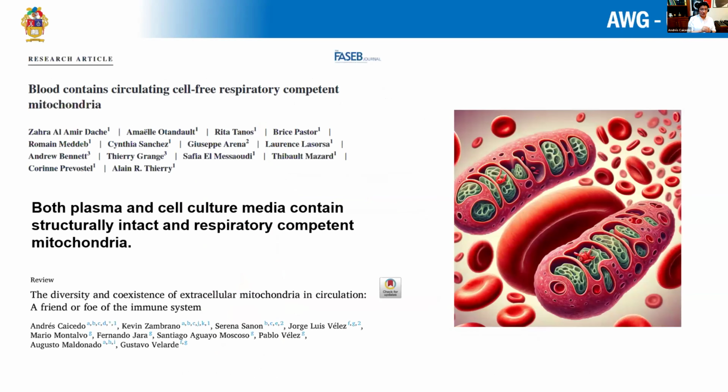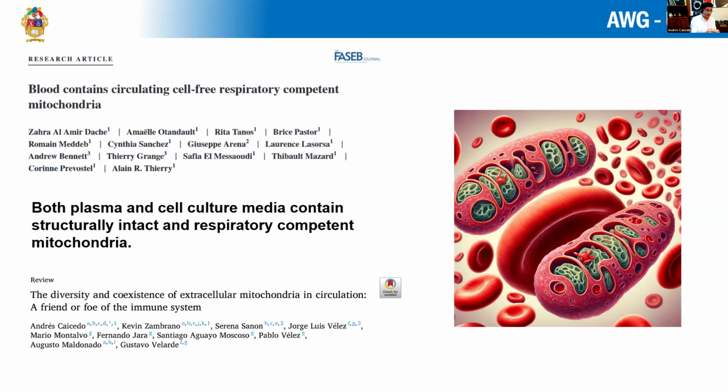And I wanted to bring your attention to this great article published in 2020, in which the team of Alan Thierry observed for the first time that there are mitochondria in our blood, respiratory competent and also intact, circulating in our bodies even when we are in good health. This mitochondria is not inducing a pro-inflammatory response, but rather has key roles that are still under investigation and could have important effects on our health.